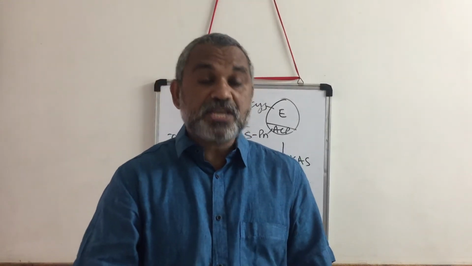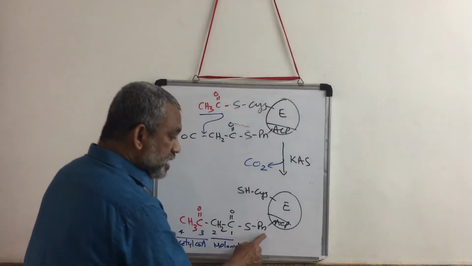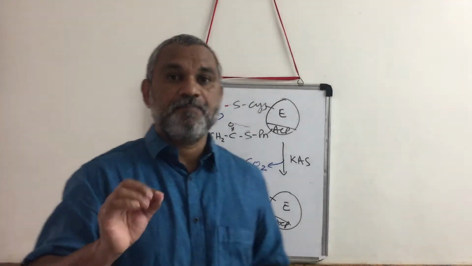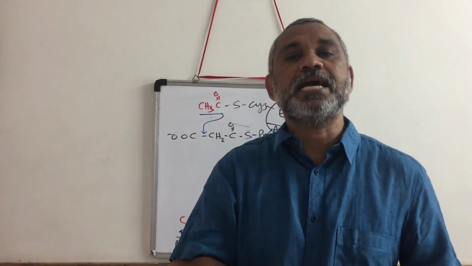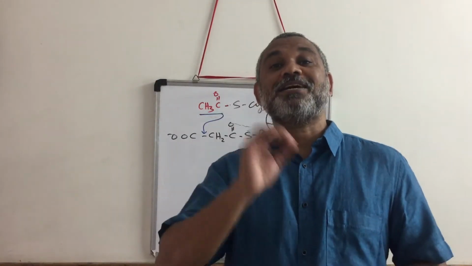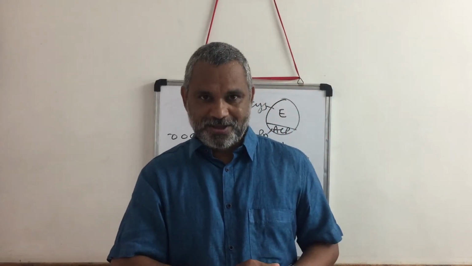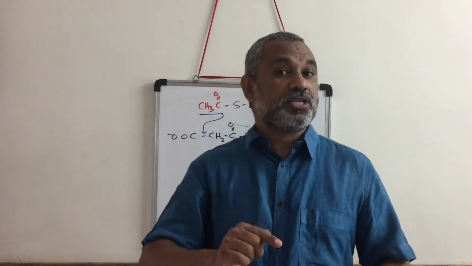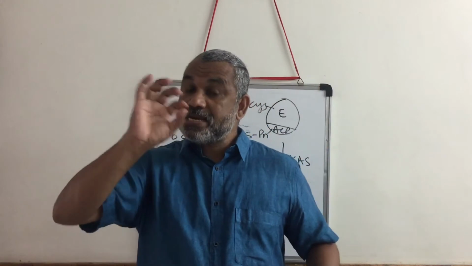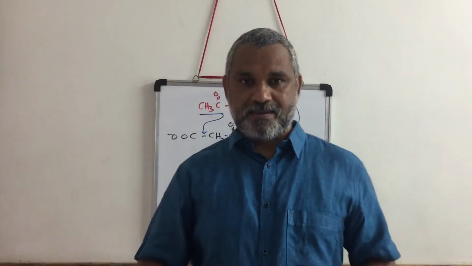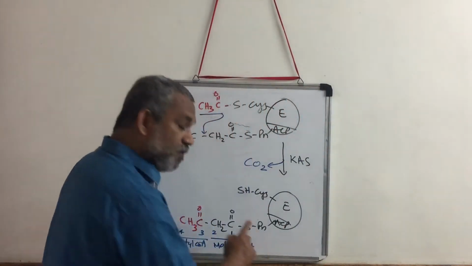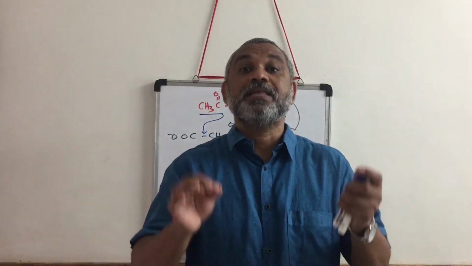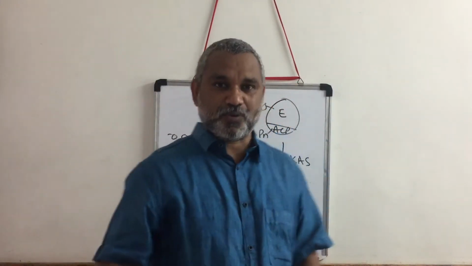And another very, very important aspect is, now the growing fatty acid is attached to acyl carrier protein. Now in the case of beta oxidation, we mentioned the carrier is coenzyme A, whereas in the case of fatty acid synthesis, the carrier is acyl carrier protein.